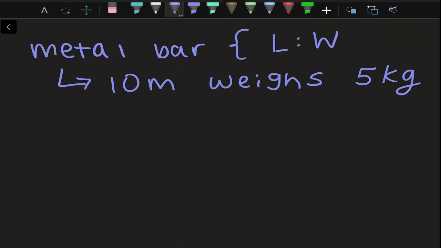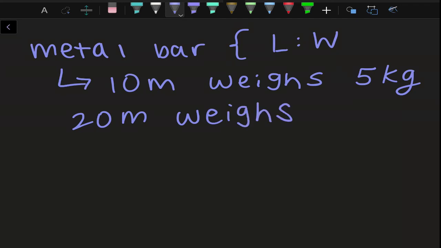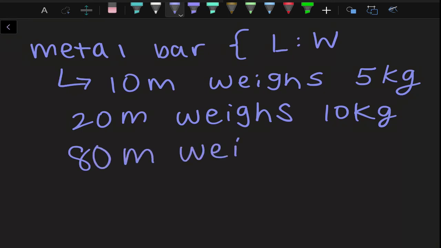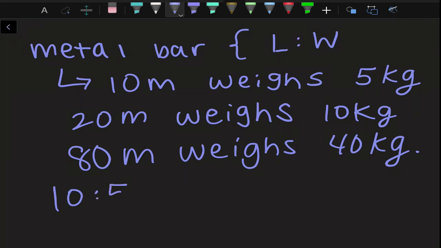So that means that 20 meters of bar weighs 10 kilograms and 80 meters of bar weighs 40 kilograms. And what we can take out of this is 10 to 5 is equal to 80 to 40. It's the same, so they're in proportion.